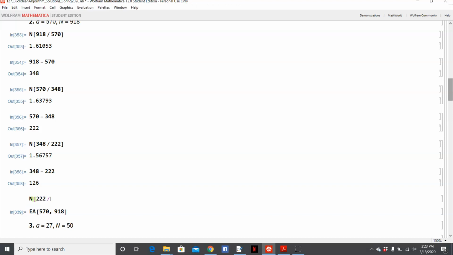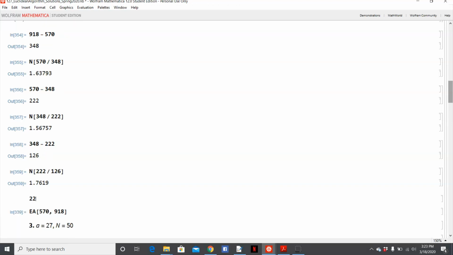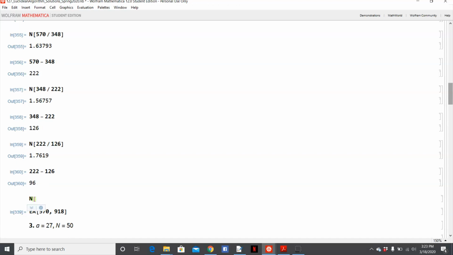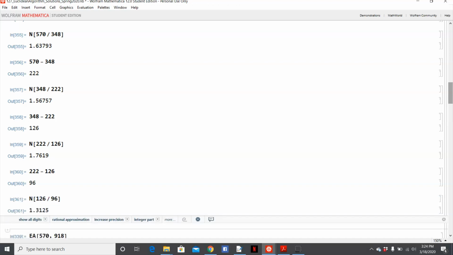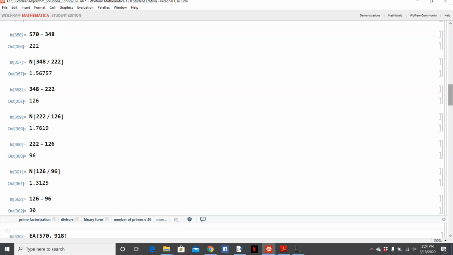I divide 222 by 126. Again, quotient of 1, so 222 minus 126. We get 96. All right. And well, we just keep going. All right, that gets us 30.